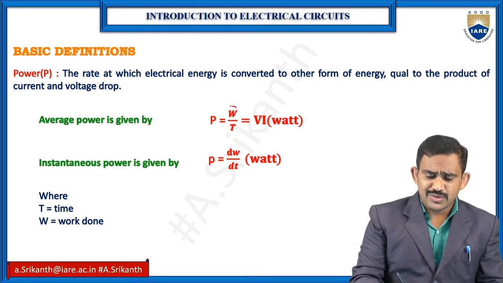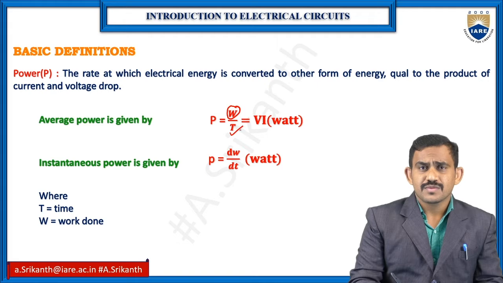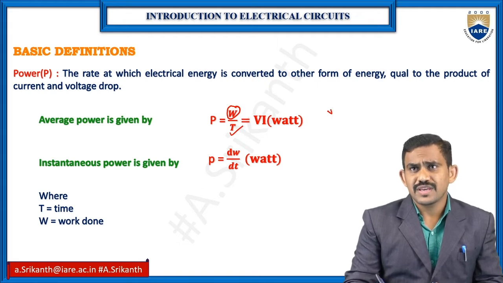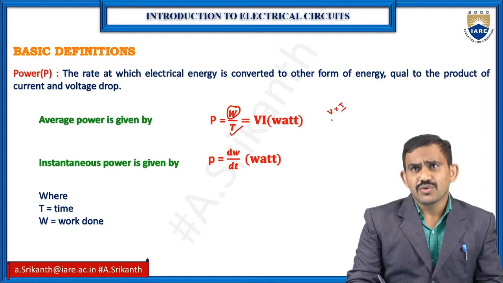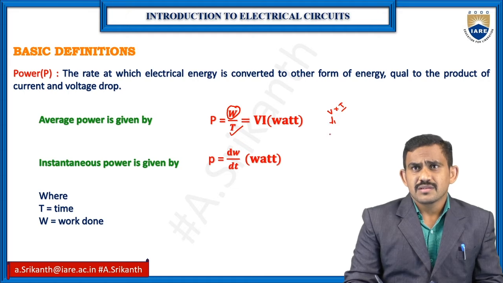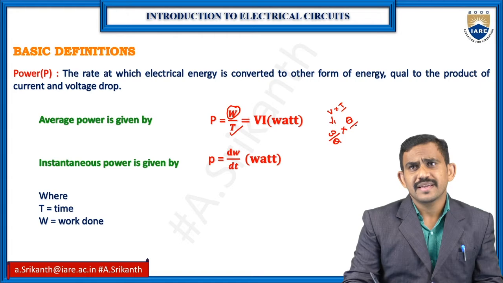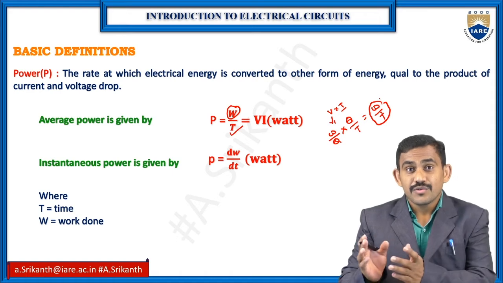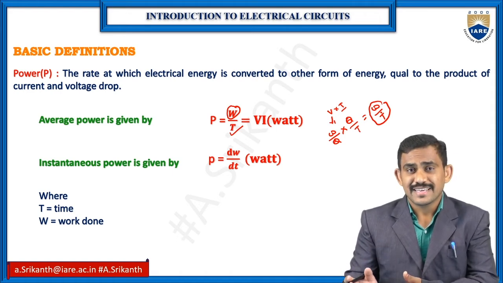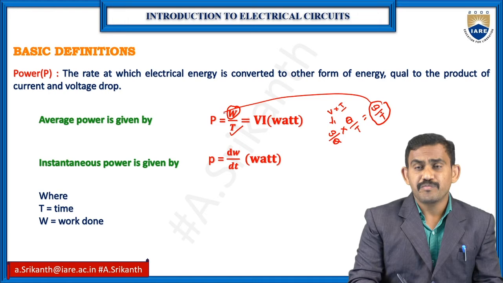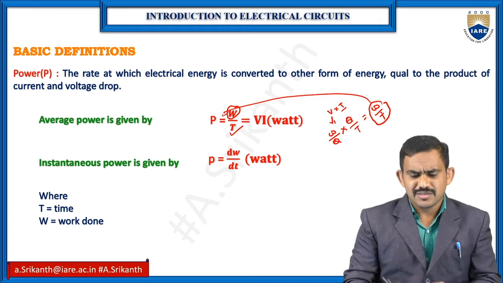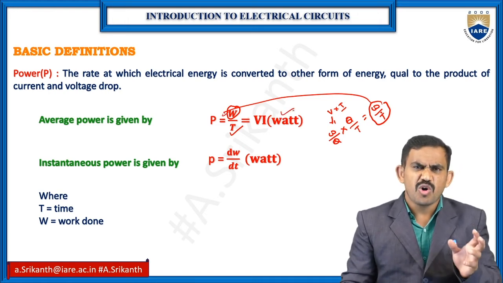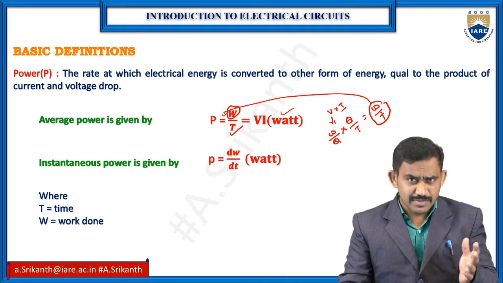Otherwise, V into I: V is W by charge and I is charge by time. So we get W by t, how much work is done in seconds or in different time. That is your power, and the unit of power is watts. So these are small definitions, which we know from intermediate also.